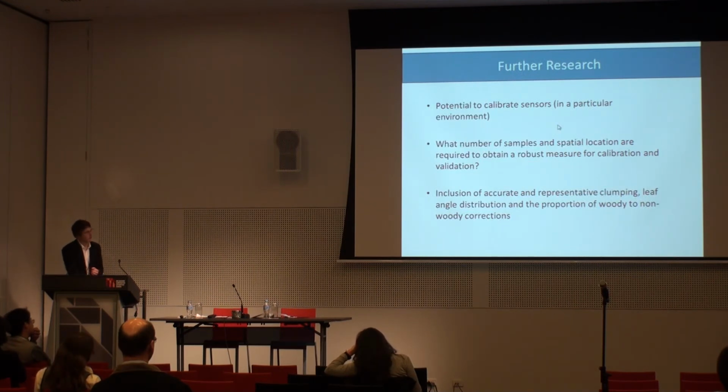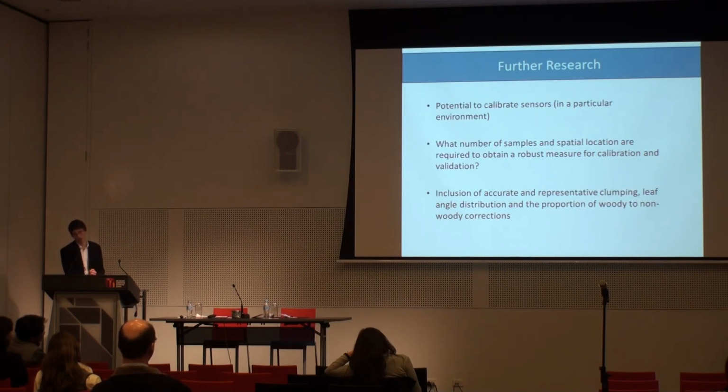So finally, what all these results are telling us is there is a potential to calibrate these instruments within our study site. But what needs further investigation is what number of samples and the spatial location are required to obtain a robust measure for leaf area index, and these canopy cover metrics for the validation and calibration purposes of the remote sensing datasets.